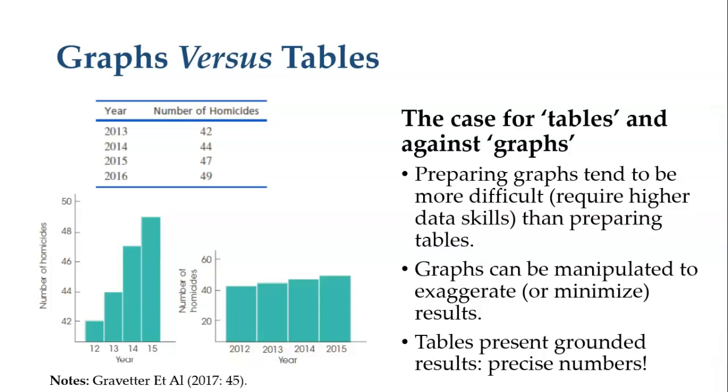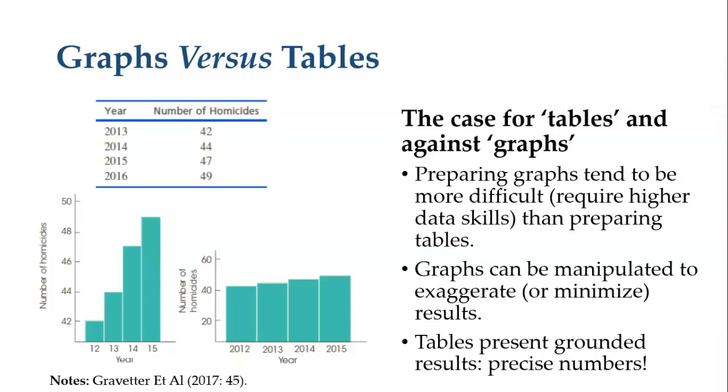It seems that the change between 2012 and 2015 was a very high difference, but when you use all the values of the y-axis, you can see that the change is very small. So that can happen with graphs, right? That's one of the risks of using graphs.